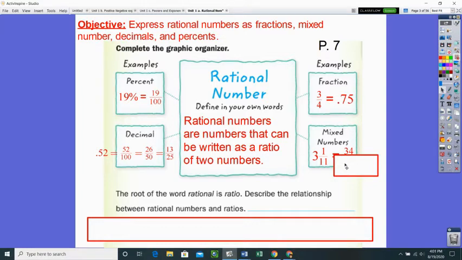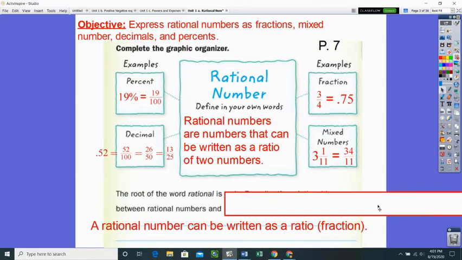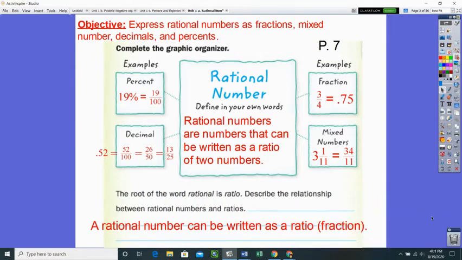Whoops. That's your numerator, and then your denominator would be 11. Since I was able to write that as an improper fraction, that is also a rational number. Just so you know, you can see the word ratio hiding inside rational. So if you remember that a rational number can always be written as a ratio or as a fraction, you'll remember what rational numbers are.